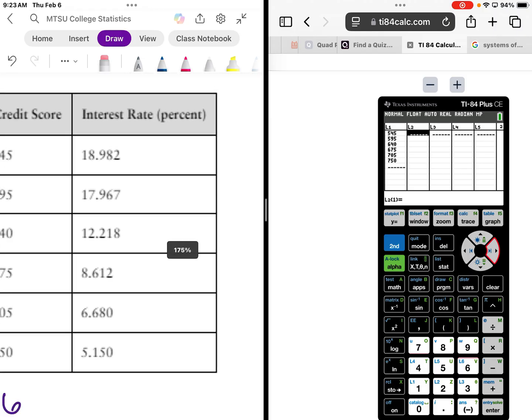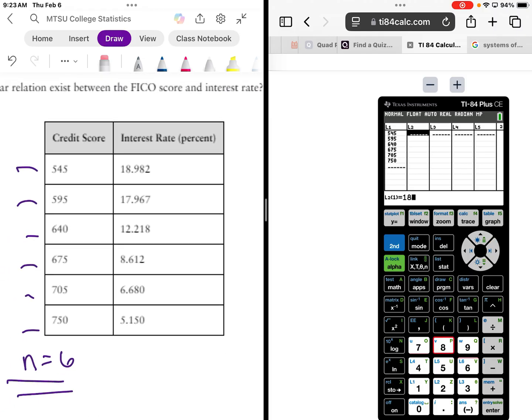Are those decimal points? Yeah. Remember, you can't put commas in the table feature here, just to let you know in the future.